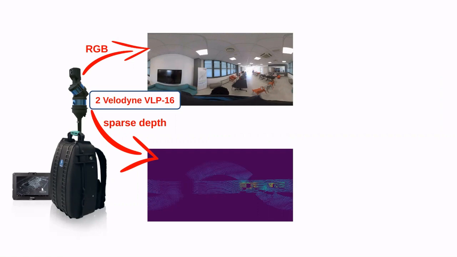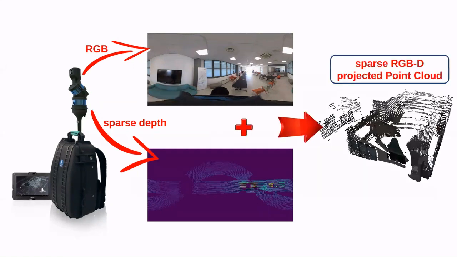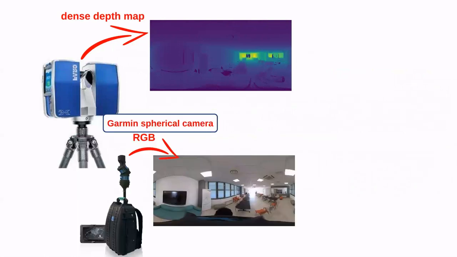At each laser rotation, the device produces just sparse depth information, which can be projected in the reference frame of the panoramic camera to produce an omnidirectional RGBD input with sparse depth. The same scene was acquired with a Faro Focus 3D X330. Projecting the dense point clouds to the panoramic images, we can have a dense RGBD representation that can be used as ground truth.